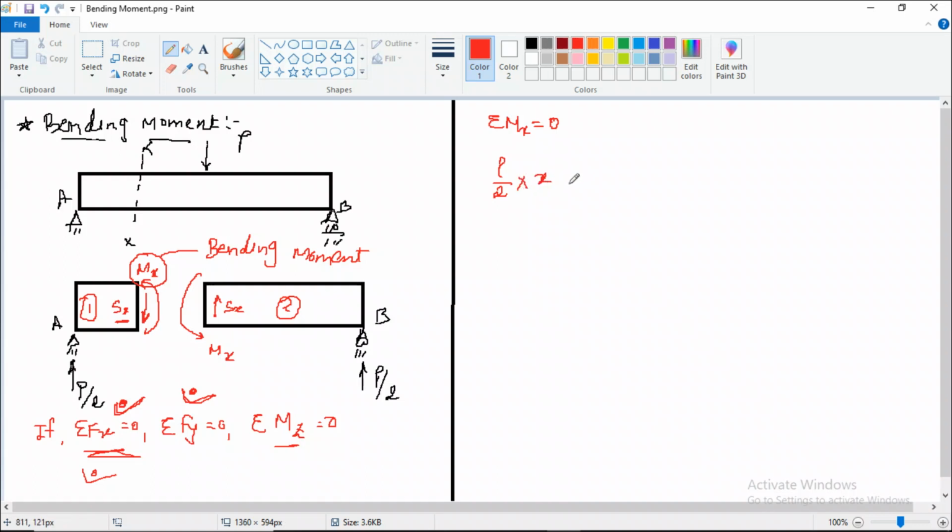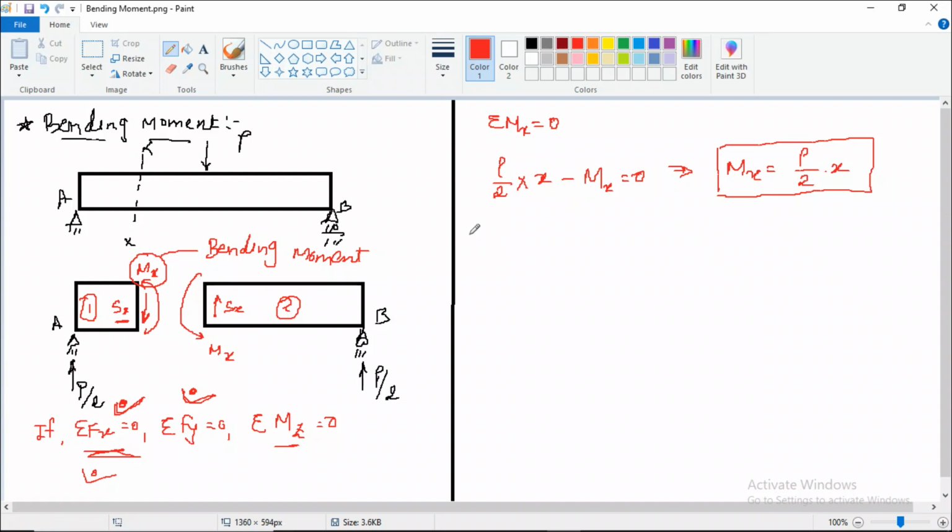Then we have Mx which is anti-clockwise, so if it is anti-clockwise we take negative, minus Mx is equal to 0, which means we have got the value of Mx is equal to P by 2 into x. So bending moment at a section XX is the resultant of the algebraic sum of moments caused by transverse force either from left hand side or from right hand side.